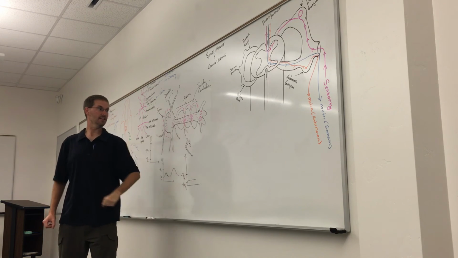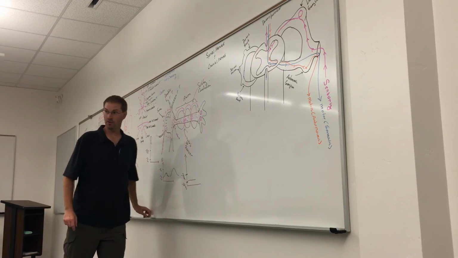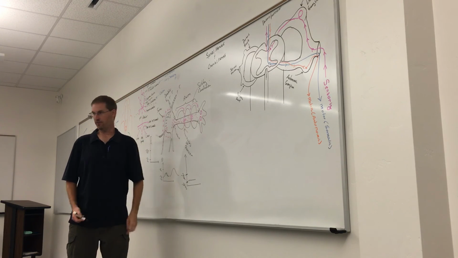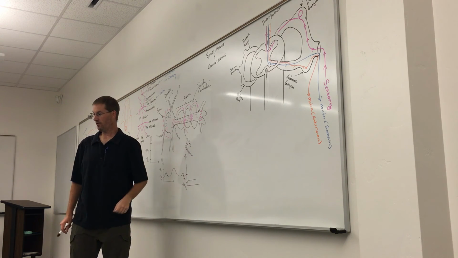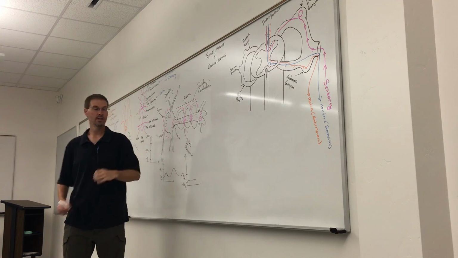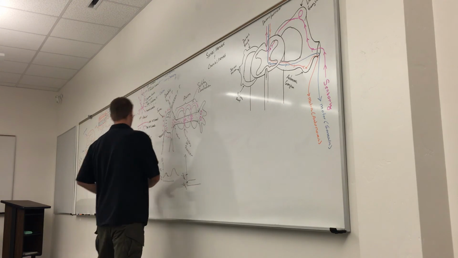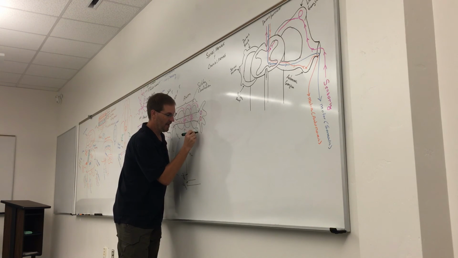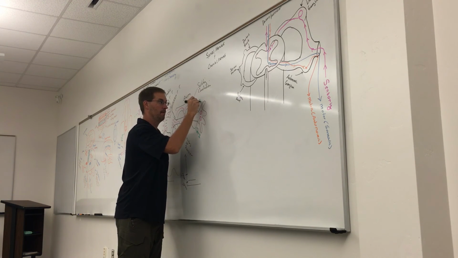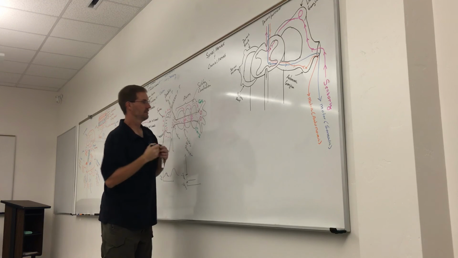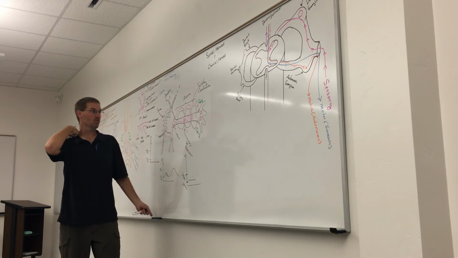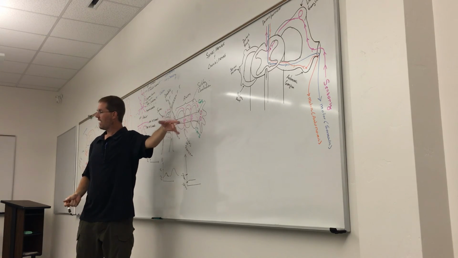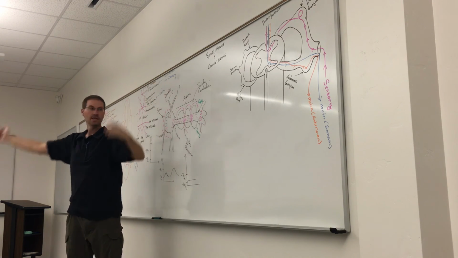Finally, the signal gets to the axon terminal, the end of the axon, and there are some other channels in the axon terminal. They're not sodium channels, though. These channels are calcium channels, Ca+2. Once that signal makes its way down to the axon terminal, it causes these voltage-gated calcium channels to open up.